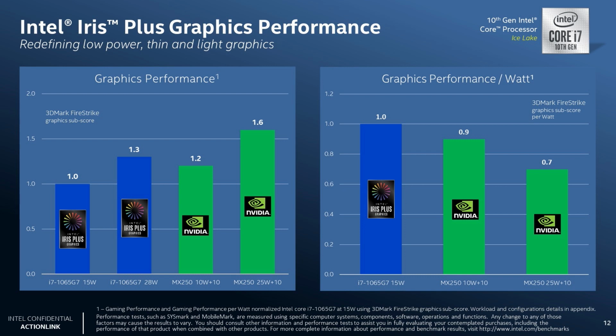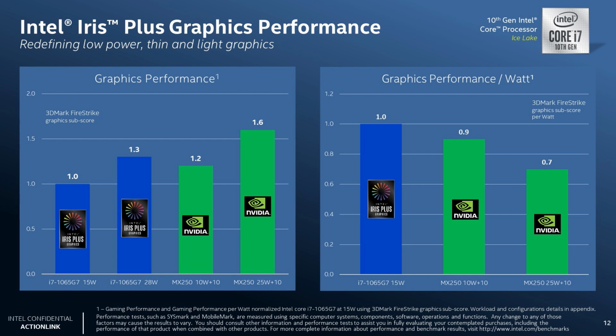Now, don't forget that Ice Lake, this part here, is twice the performance of 8th gen or even Comet Lake 10th gen, right? So we doubled the performance in Ice Lake over what we had before, actually what we still have with Comet Lake from a graphics perspective.